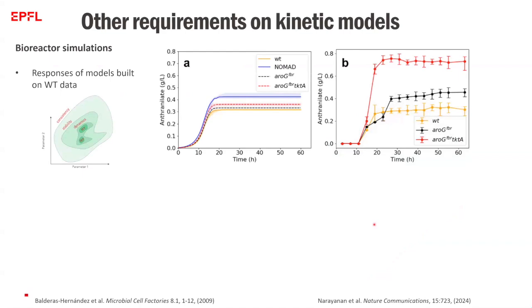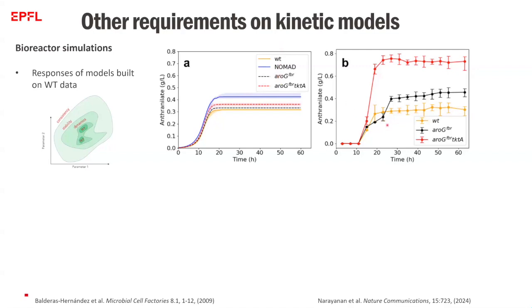But then when we tested what is happening if we make genetic perturbations to our model versus what was happening in reality, we see that our models, whereas they were matching the wild type phenotype very accurately, the recombinant phenotypes are just captured by a trend, but not very precisely.